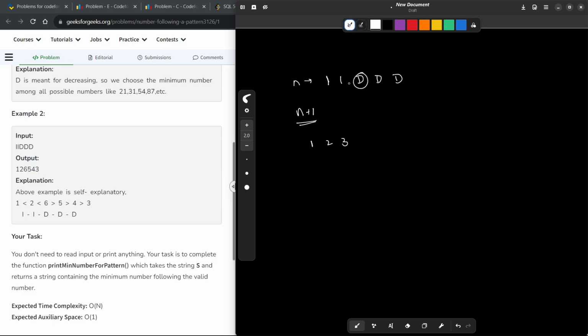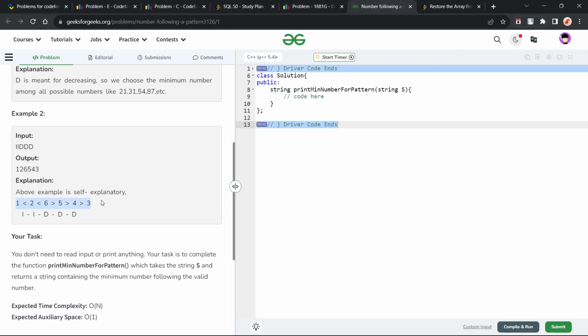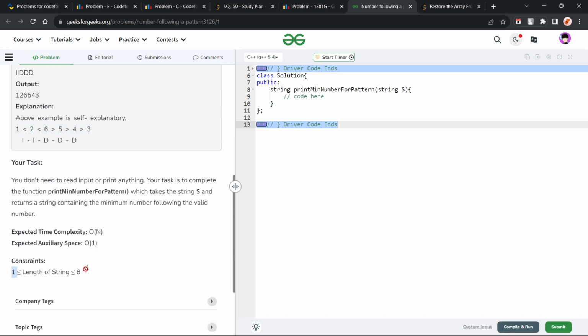Similarly, if I have a D, the number to the left of it should be greater than the number to the right of it, right? So we have to maintain this inequality, and obviously this is strictly greater than and strictly smaller than. And there is one more thing, that the numbers can't repeat. That is why the length of the string is also up to 8 only.